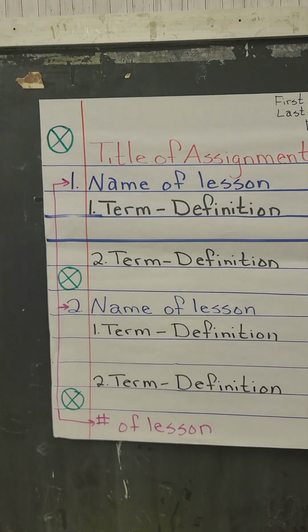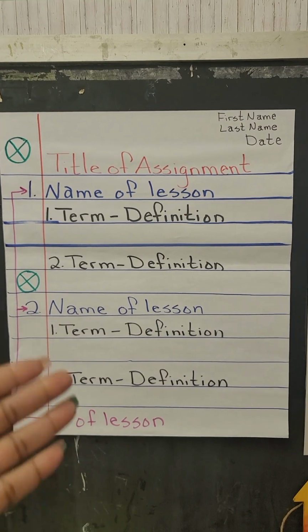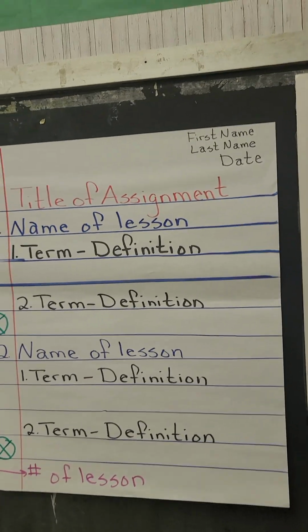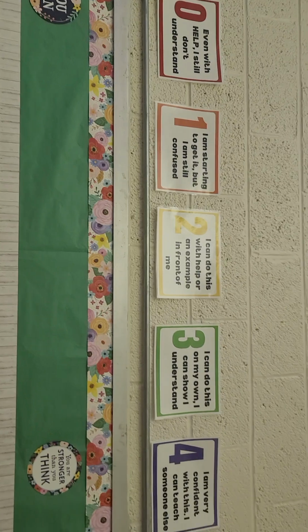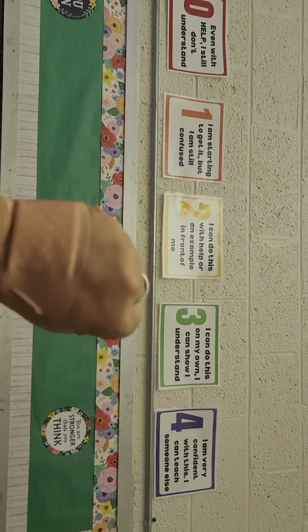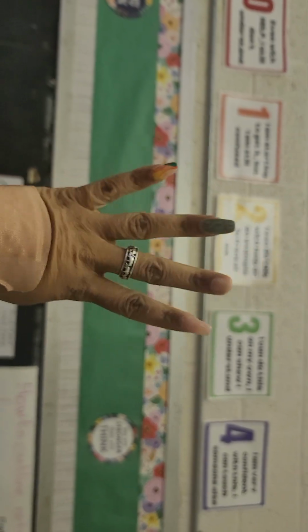We have vocabulary terms, so this is our outline for our vocabulary terms, how we turn those in. That information is detailed here. I have some information about students and their understanding, so it goes from a 0 to a 4. And we do these nonverbally, so this will be a 0, 1, 2, 3, or a 4.